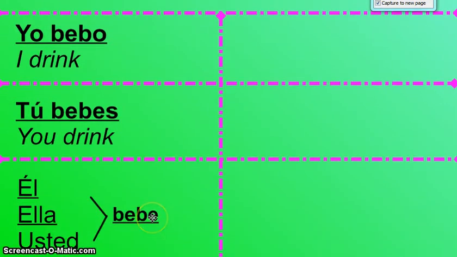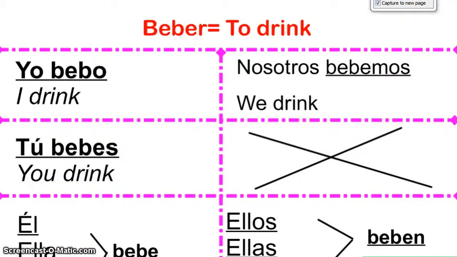So now, go back, and I want you to fill in, go back to this verb chart, beber, and now we're going to do the plural side, okay? Beber, and if you notice here, I have the plural side filled in for you. Nosotros bebemos, we drink.